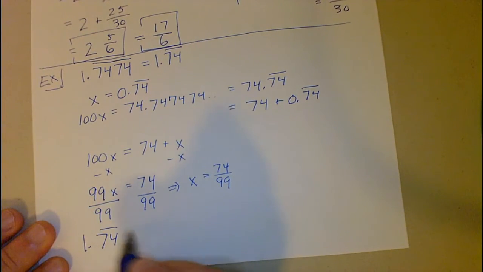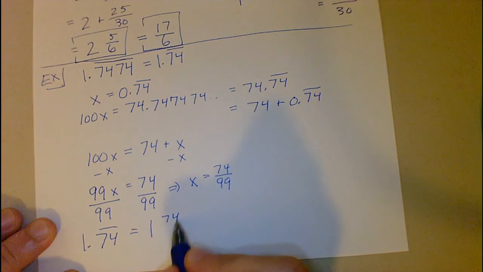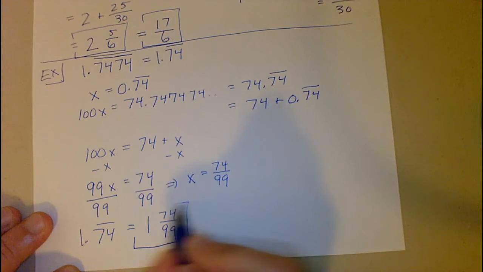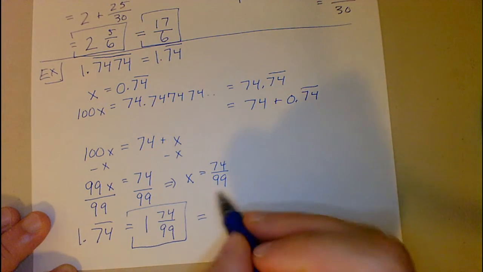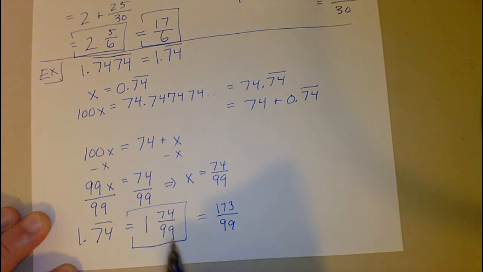Remember, I still have this 1 out here that I need to handle. And so that's pretty simple. 1.74 repeating is 1 plus x, which is 1 and 74 over 99. So here's a mixed number version. As an improper fraction, I would take 99 multiplied by 1, which is 99, add 74 to that, which is 173, and divide that by the original denominator.